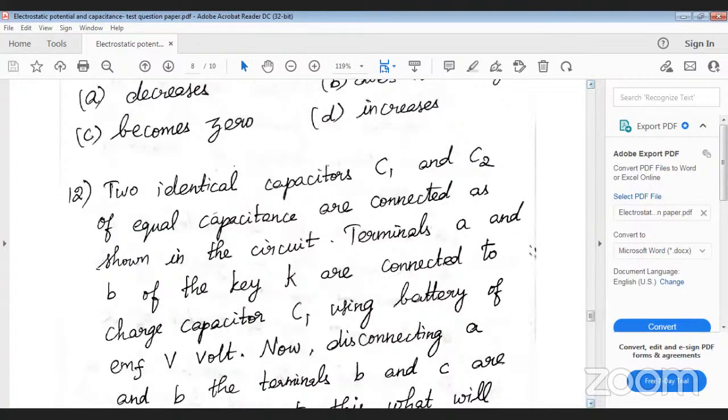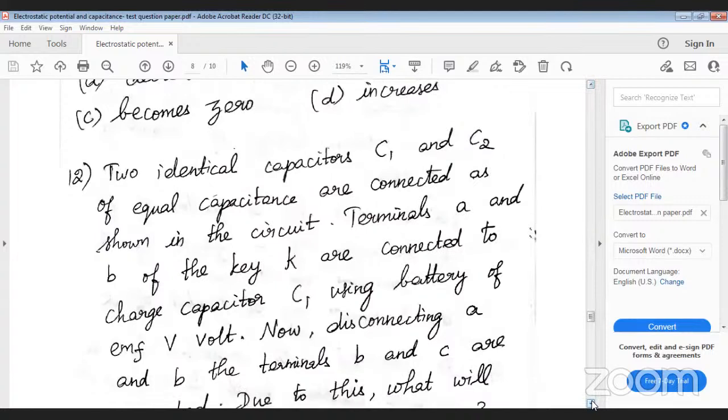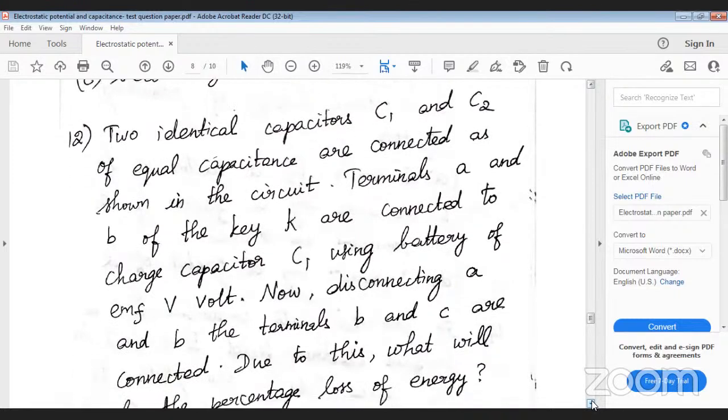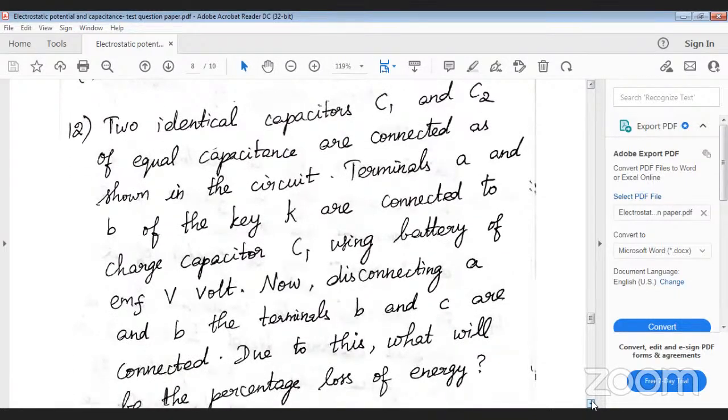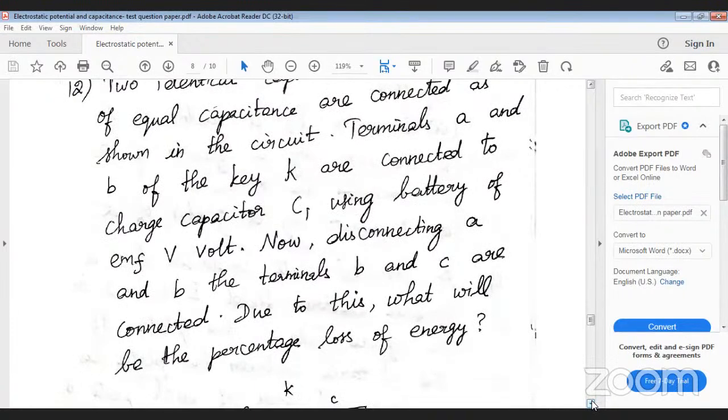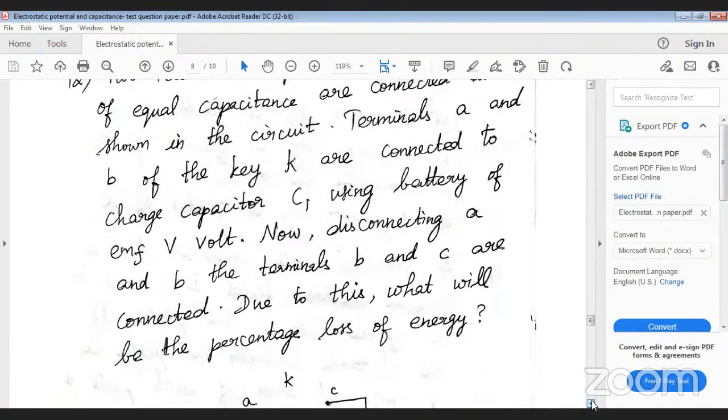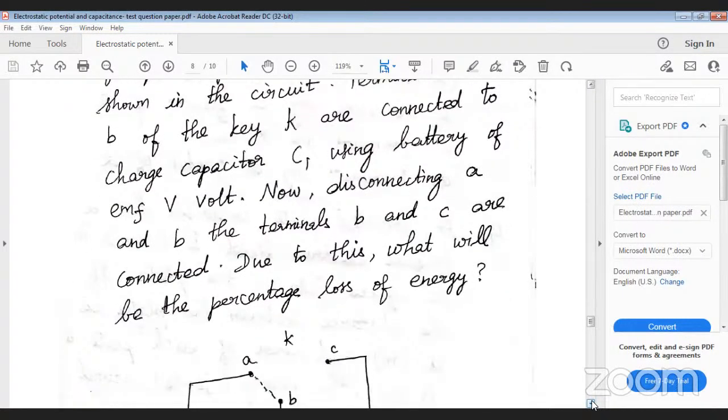Question number 12. Two identical capacitors C1 and C2 of equal capacitance are connected as shown in the circuit. Terminals A and B of the key are connected to charge capacitor C1 using a battery of EMF V volt. Now disconnecting A and B, the terminals B and C are connected.